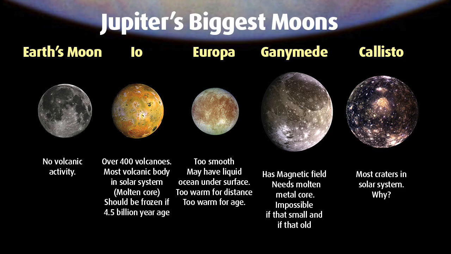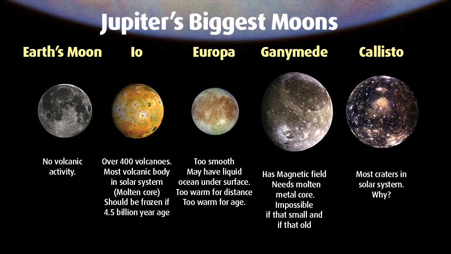after that much time. Now, Ganymede is a little bit bigger. It actually has a magnetic field. And in order to have a magnetic field, the belief is that you have to have a molten core that is spinning to generate that magnetic field. That's impossible if it's that small and that far away in that cold of a region in our solar system.